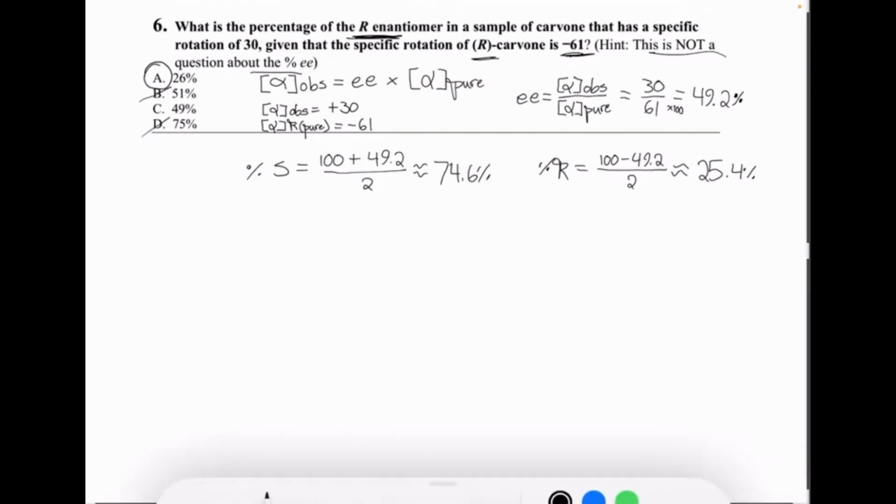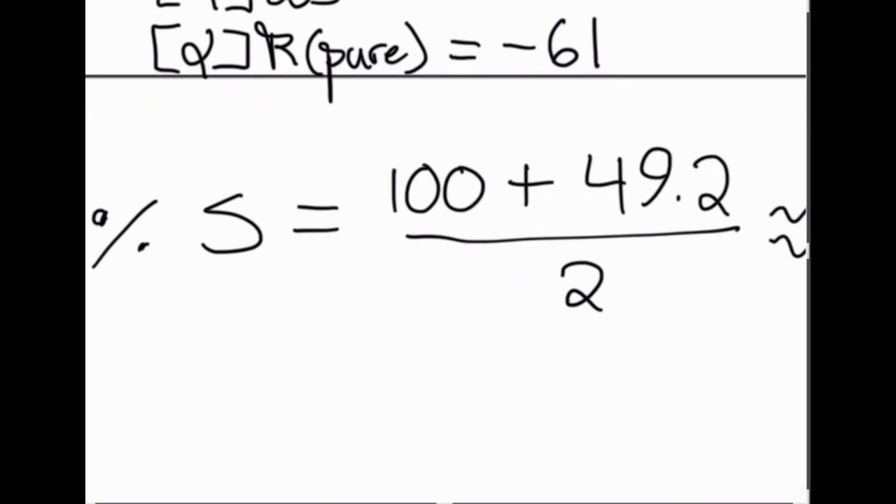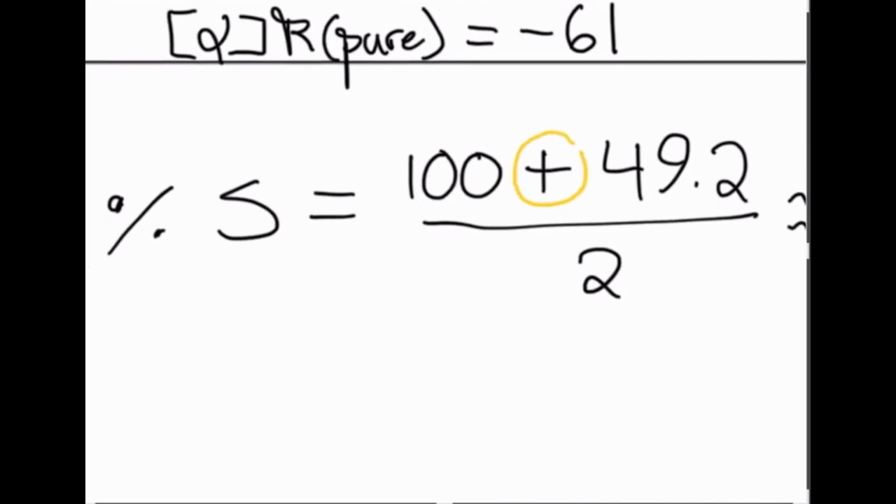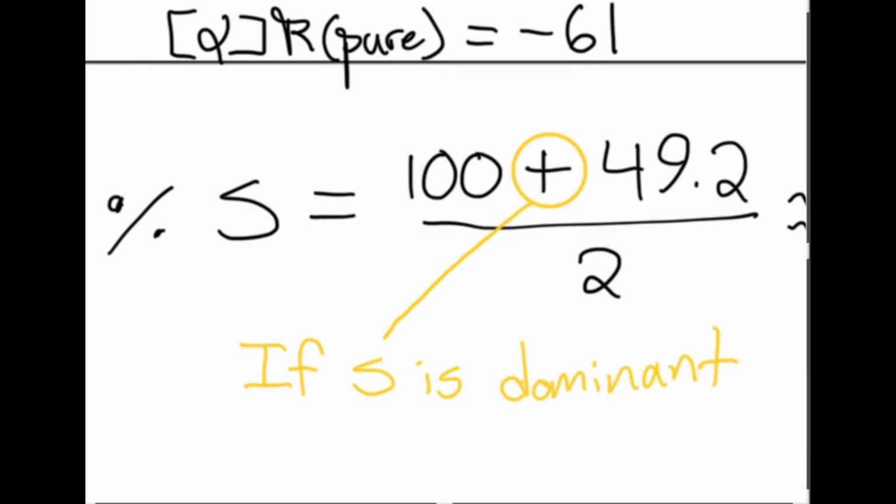So let's discuss this a little bit further before we go on to the next method. Looking at this equation, you might ask why there is a plus sign. That is if S is dominant, which it is.